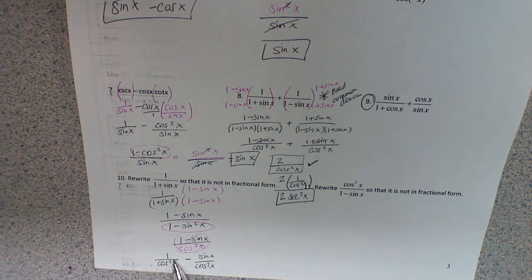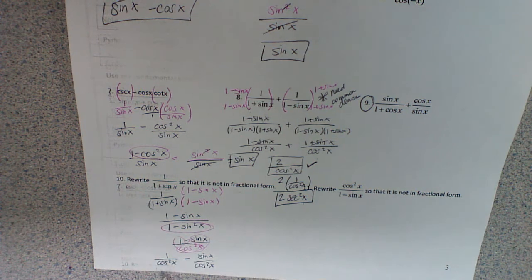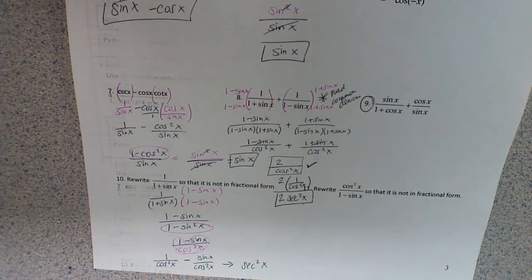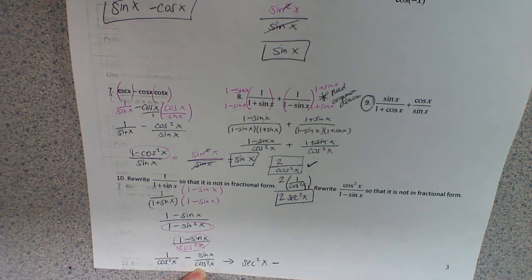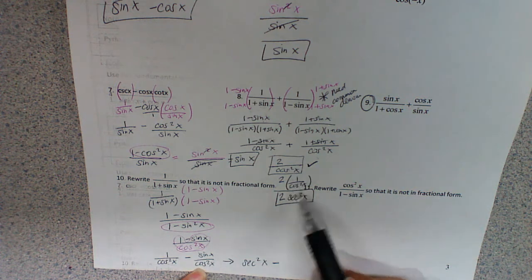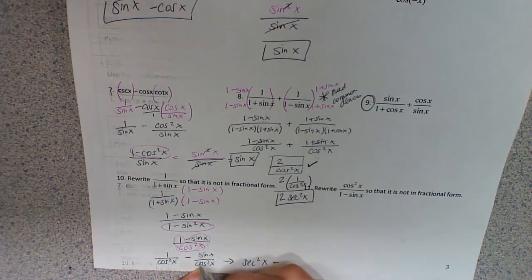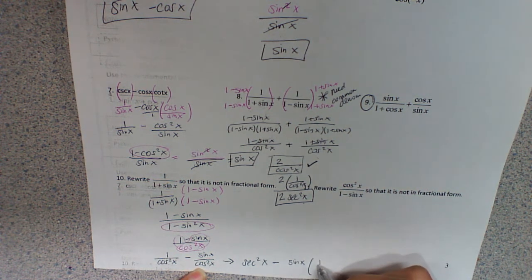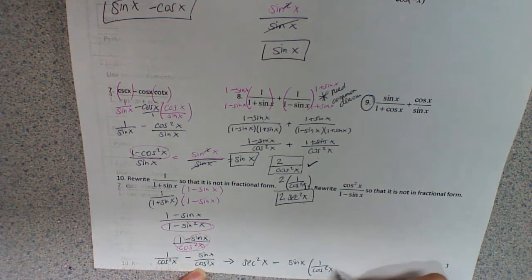So I know cos squared at the bottom, 1 over cos squared is actually just secant squared, just like we did before. And actually, I can rewrite this fraction as well, kind of like what I did up here. I can pull it apart. So I'm going to pull this second fraction apart like this, so that I have sine of x times 1 over cos squared of x.